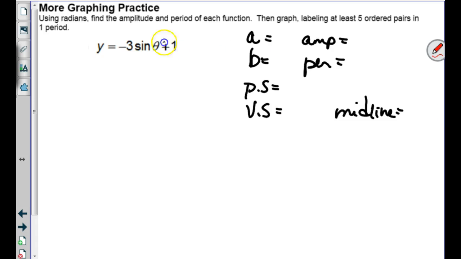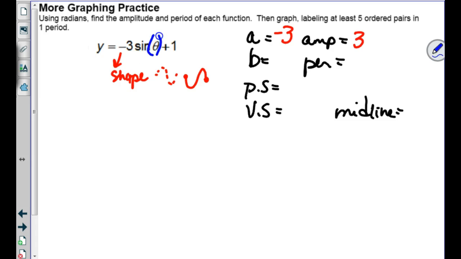All right, so the actual A is -3, but what does the amplitude mean? 3, okay? The negative is going to do what to our shape? So it's a sine graph, which would normally start at the midline and go up, but this one is going to do what? Midline, go down. It's going to be like this. All right. What's the B value?